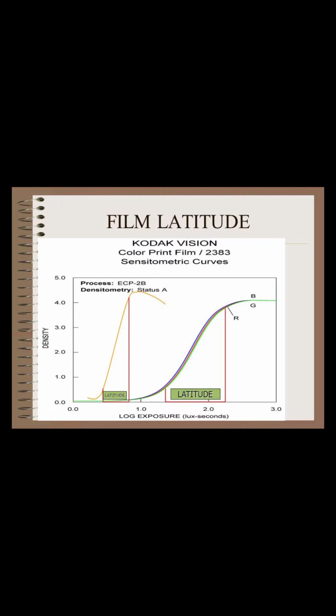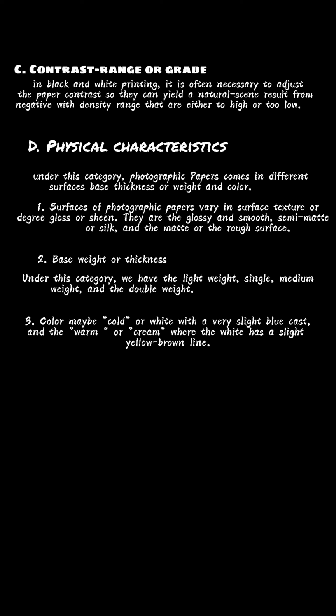As you can see in the picture, this is the sample image of exposure latitude. Contrast range or grade. In black and white printing, it is often necessary to adjust the paper contrast so it can yield a natural scene result from negatives with density ranges that are either too high or too low.